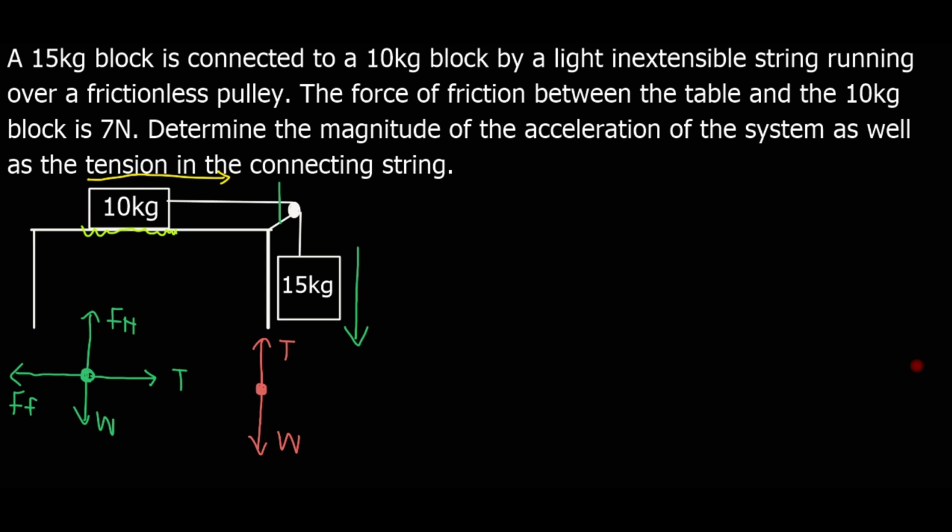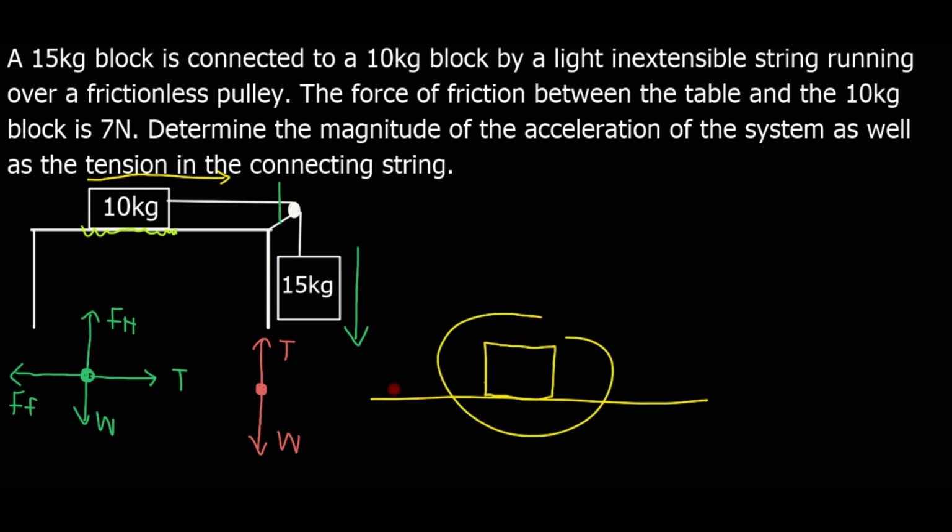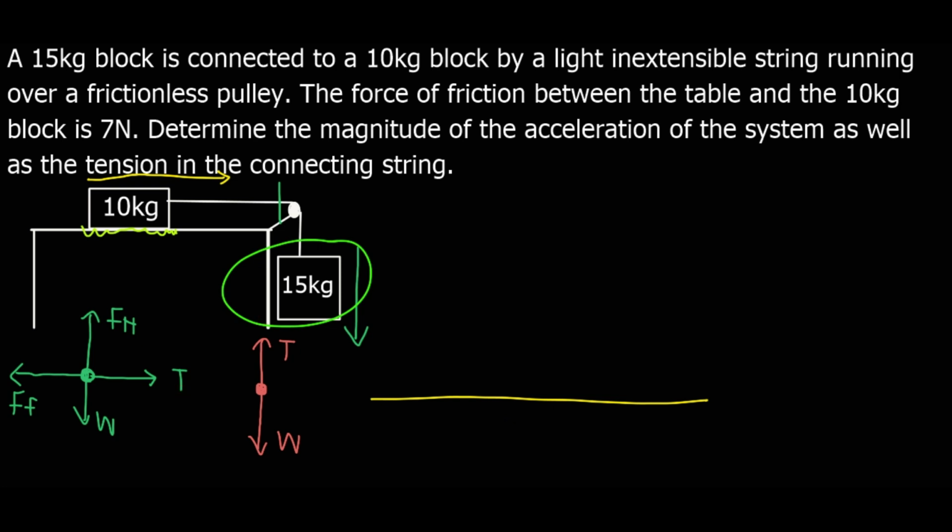Remember there is no friction, because this object is not in contact with a surface, it's in the air. And there is no normal force, because a normal force must be perpendicular to the surface, but there is no surface because this object is in the air.